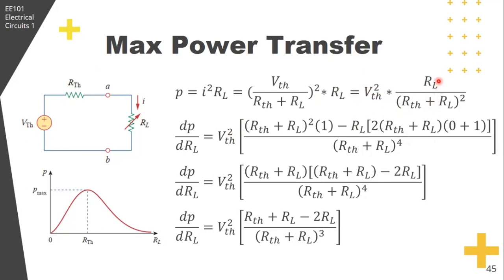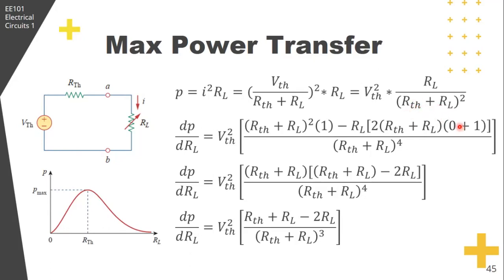Remember your fractions: for a derivative, it's low derivative of high minus high derivative of low over low squared. So the low is RTH plus RL squared. The derivative of the high, RL, with respect to RL is 1. Minus the high, RL, times the derivative of the low, which is 2 times RTH plus RL times the derivative of the inside.